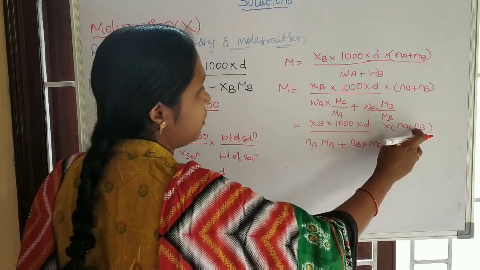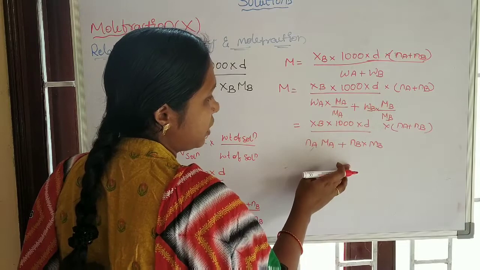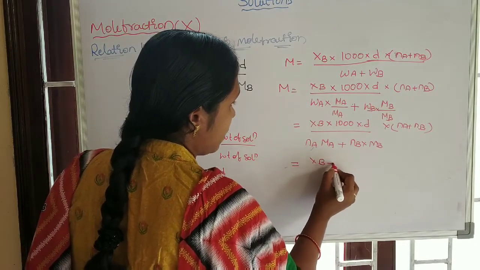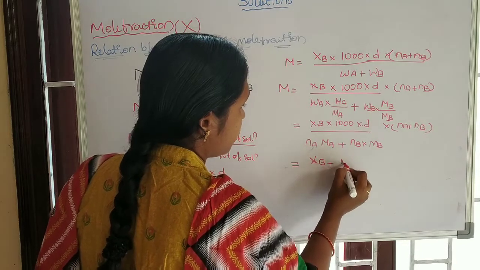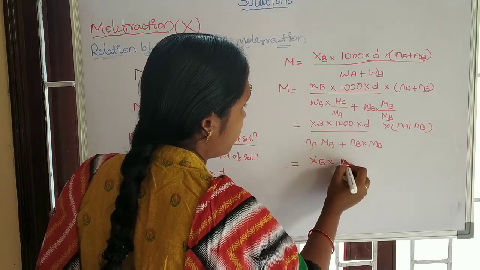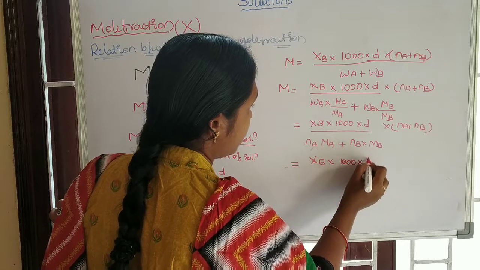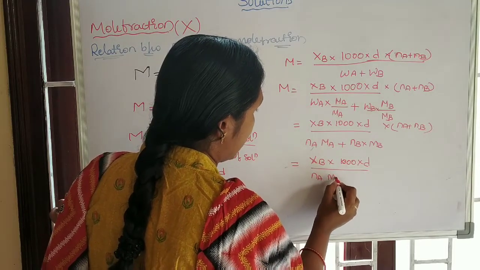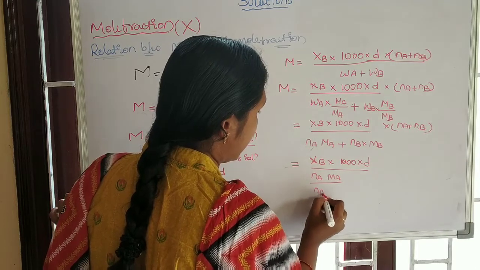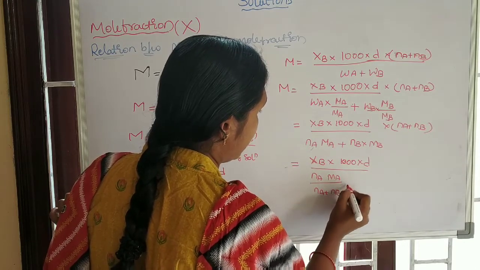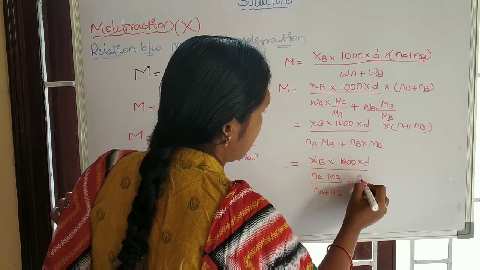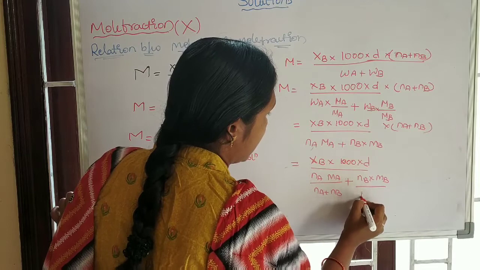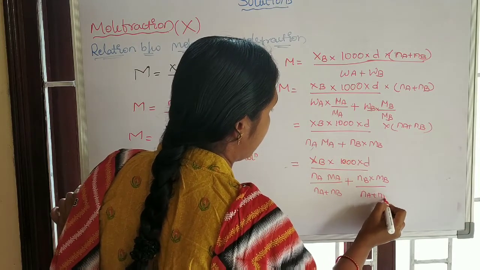Here NA plus NB is multiplied, so coming over to the denominator it will be divided, which means XB into 1000 into density by MA into NA by (NA plus NB) plus MB into NB by (NA plus NB).